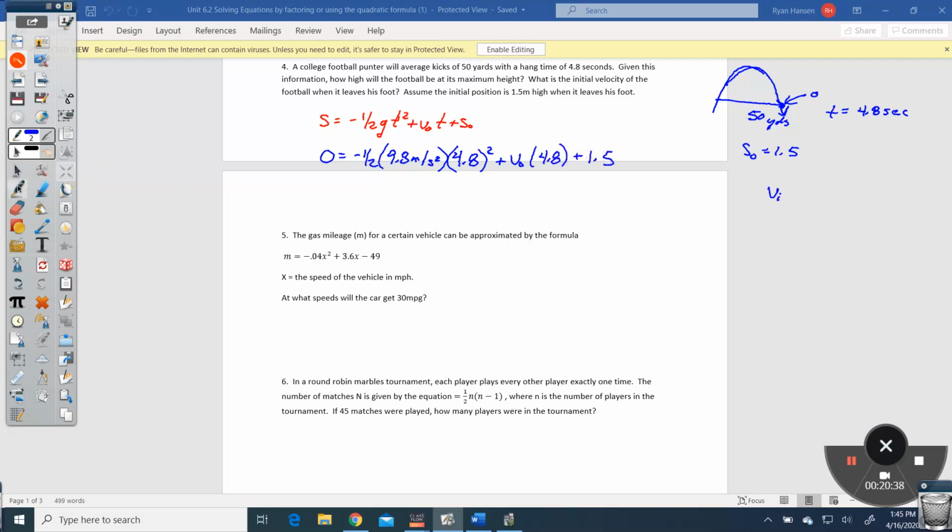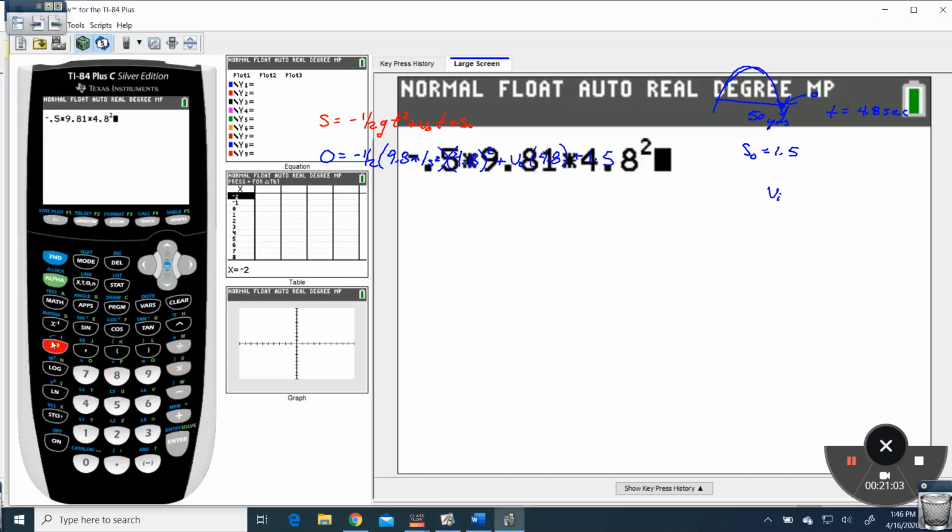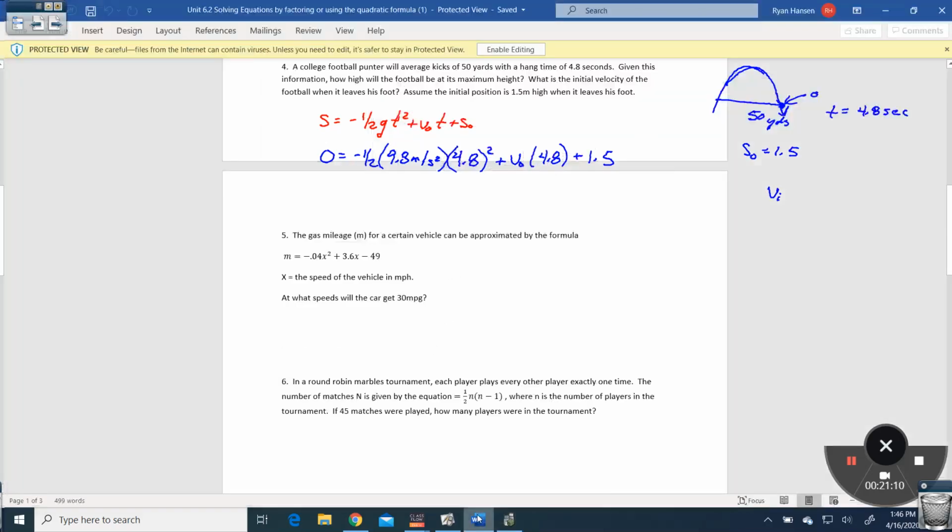So what I'm going to do is type the part on the left right into my calculator. I'm going to type in negative 0.5, that's the 1/2, times 9.81 times the time, which is 4.8 squared, and then I'm going to add it to this 1.5.